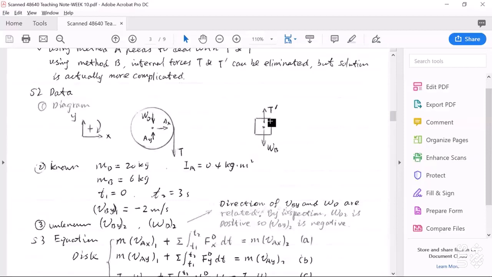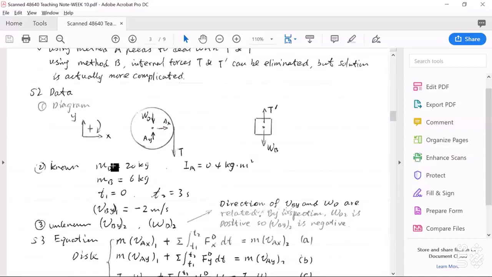For this block, there is weight force WB and tension force T prime. T and T prime have the same magnitude but different direction.